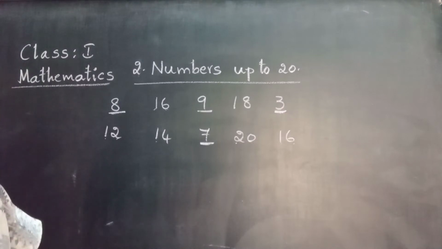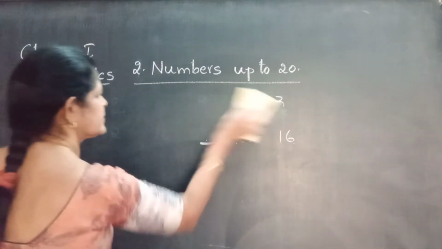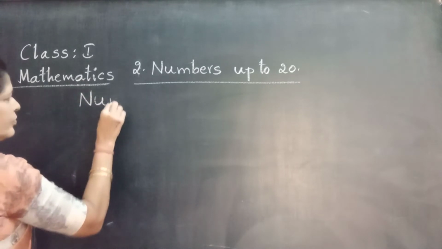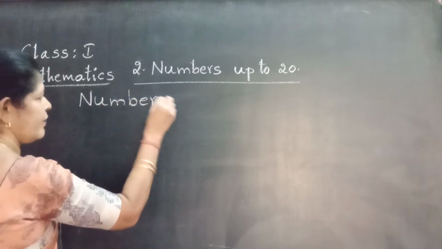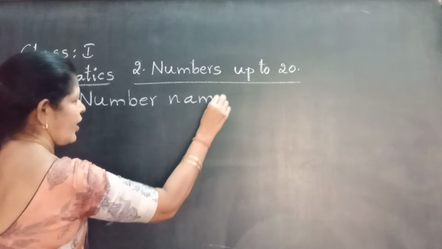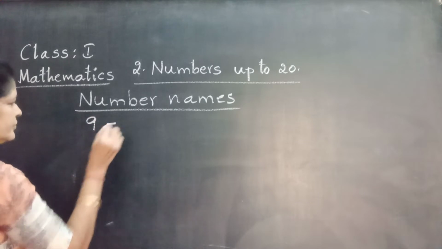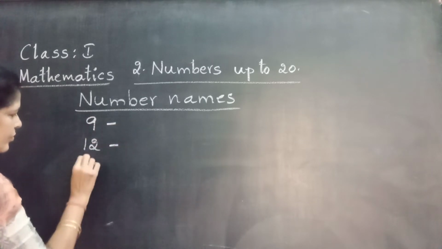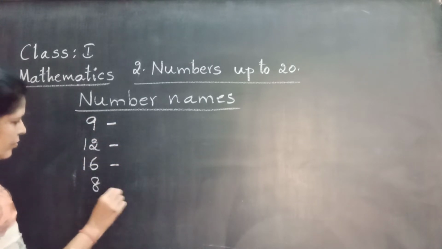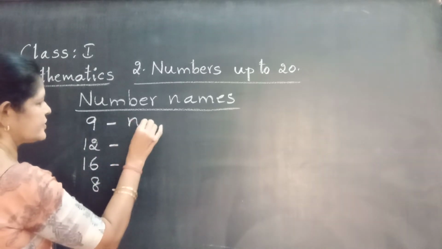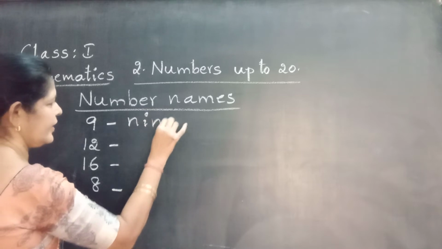Another one, number names. Number names means writing words. What is the number? 9. Writing words: N-I-N-E. 9.